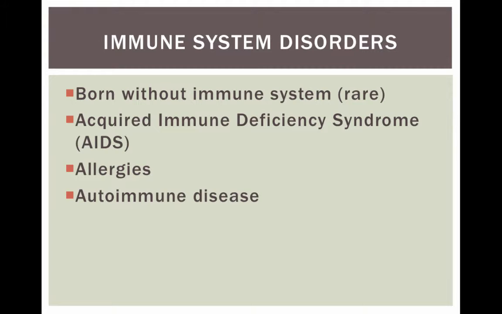Another immune system disorder that we've probably all heard of before is the acquired immune deficiency syndrome, or AIDS. This is caused by the human immunodeficiency virus, or HIV, which destroys the T cells and macrophages in the immune system.